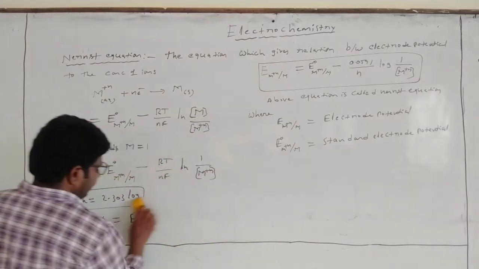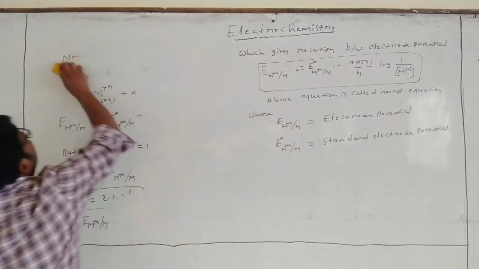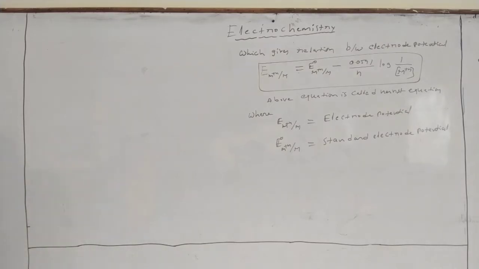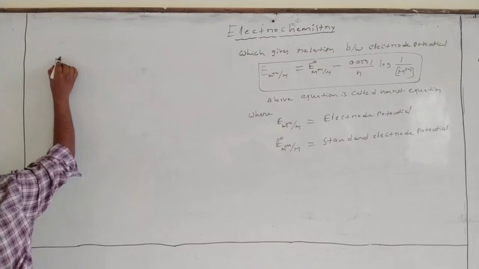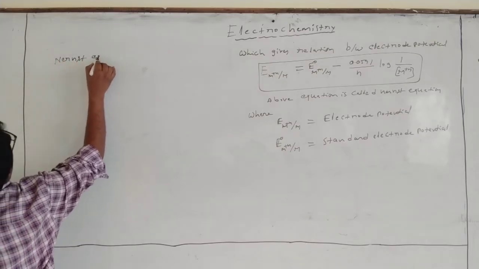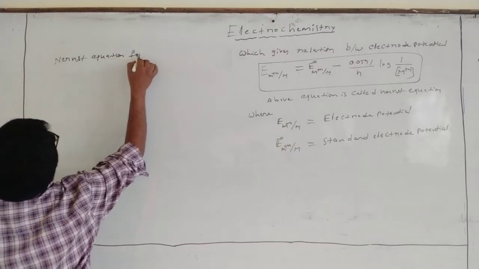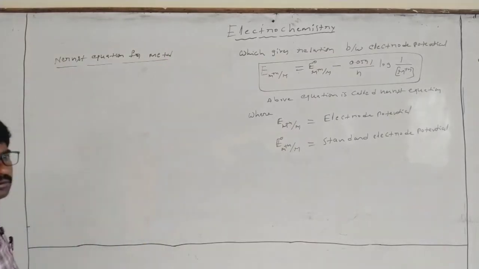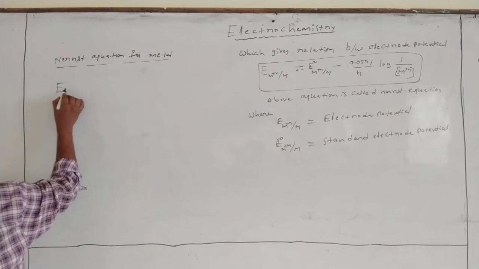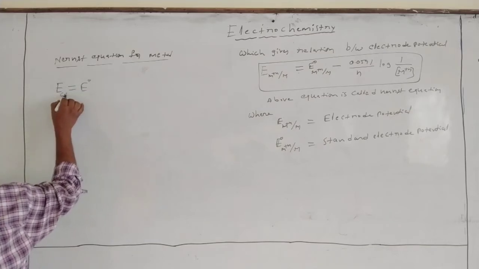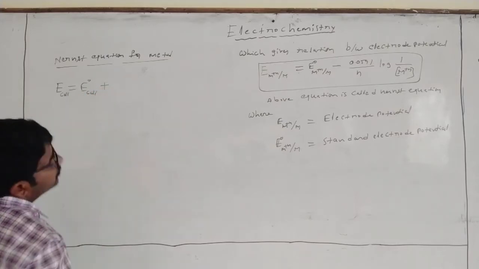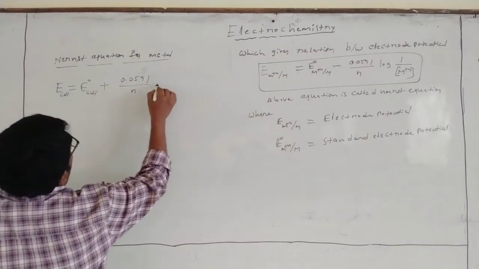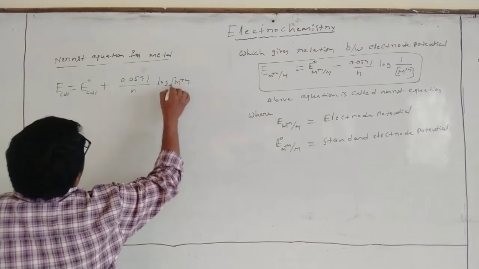The Nernst equation for metals: E cell is equal to E naught cell plus 0.0591 by n log M plus ion concentration.